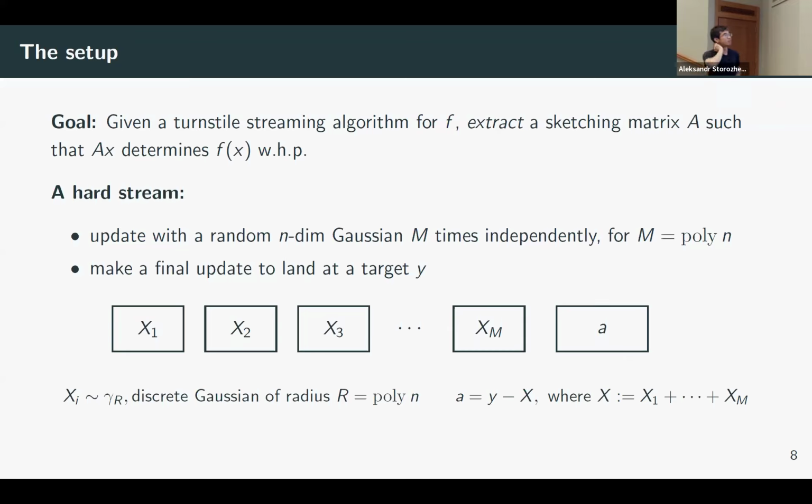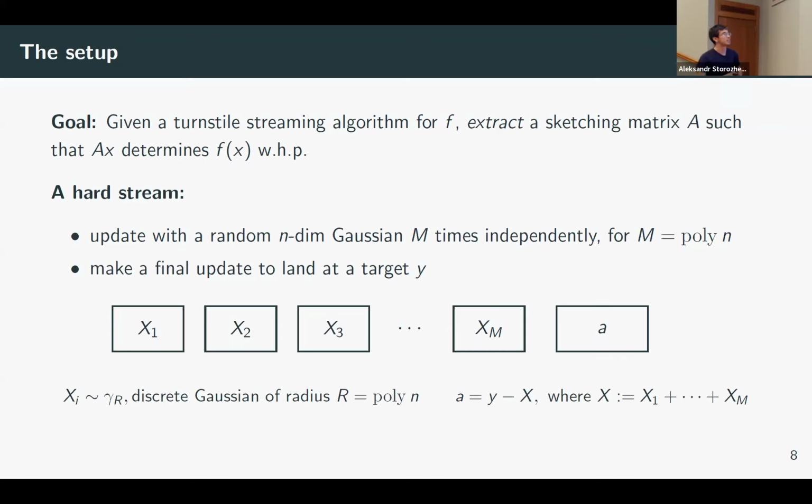More formally, we're going to look at a stream of the following form. We first update the frequency vector with random n-dimensional Gaussians m times independently. Each of these x_i, we sample from a discrete Gaussian in n dimensions of radius r, so it's some very large random vector.